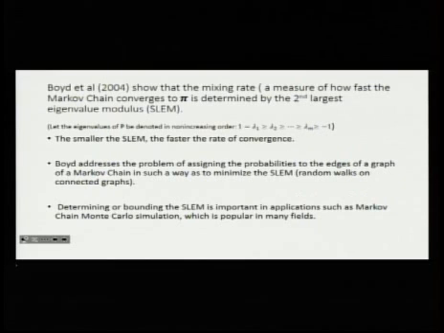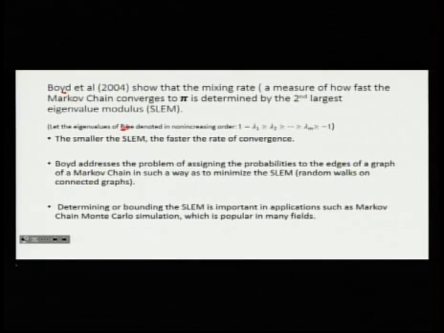All right. So some researchers, Boyd and others, were able to show that the mixing rate, which is also related to the mixing time, for a Markov chain is determined by the second largest eigenvalue modulus of the transition probability matrix. So say we've got our matrix P, and we know it's got eigenvalues.